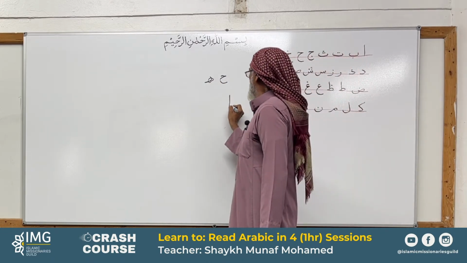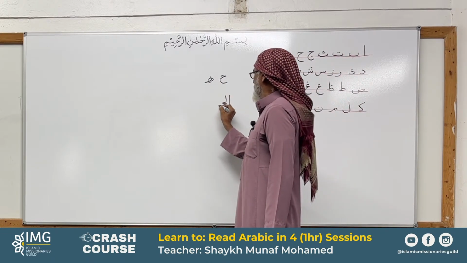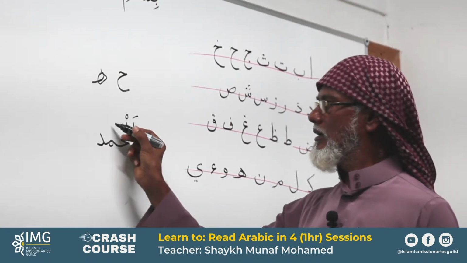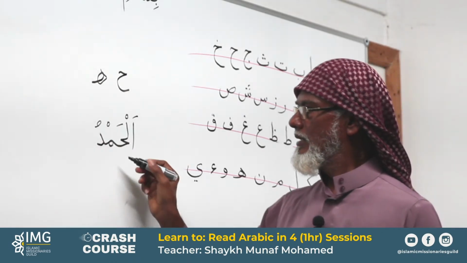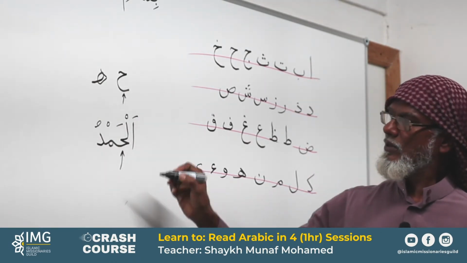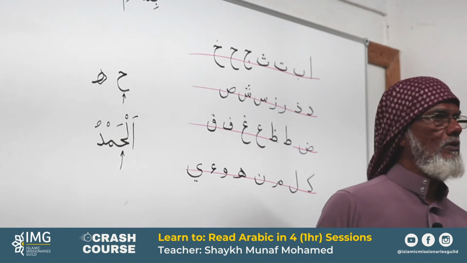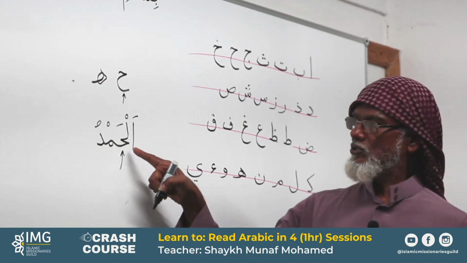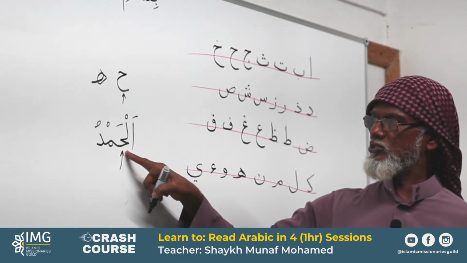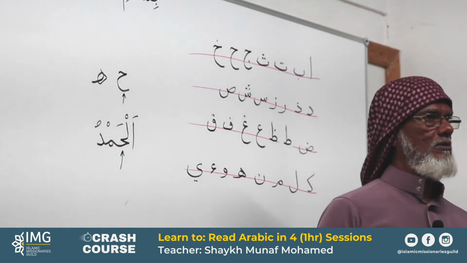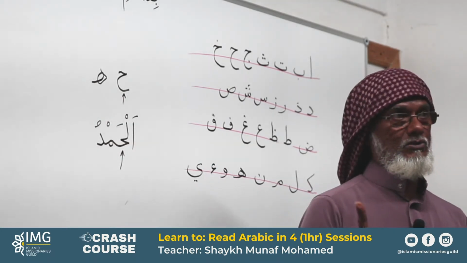So when you're coming to alhamdu, this ha, which is this one here, alhamdulillahi rabbil alameen. If you pronounce this wrong, you might end up saying it differently, and that will be wrong.